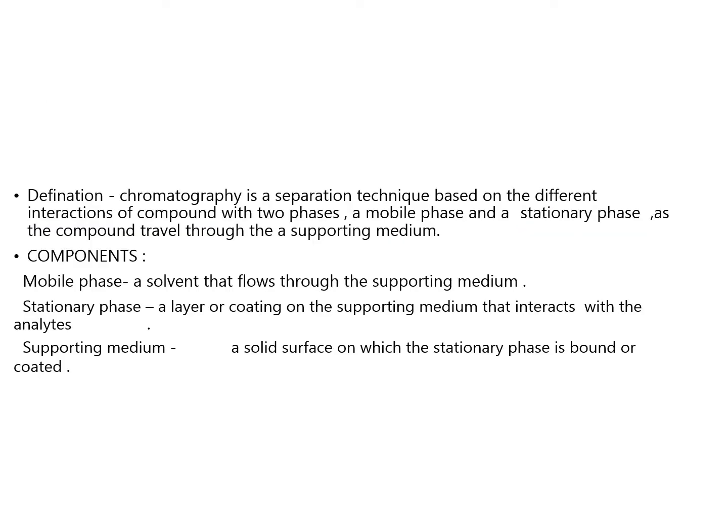So far we have seen that chromatography is a technique used for the separation of compounds, and its components are a mobile phase and a stationary phase. For the stationary phase, you need a supporting medium, either a glass plate or a column, with which you can fix your stationary medium.